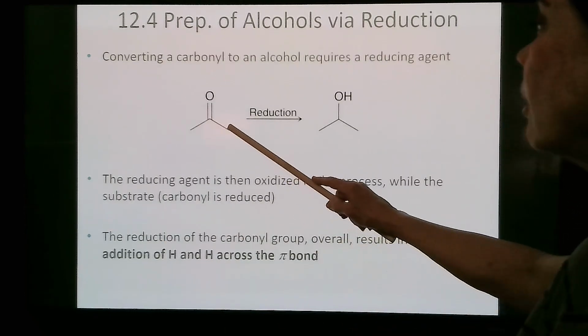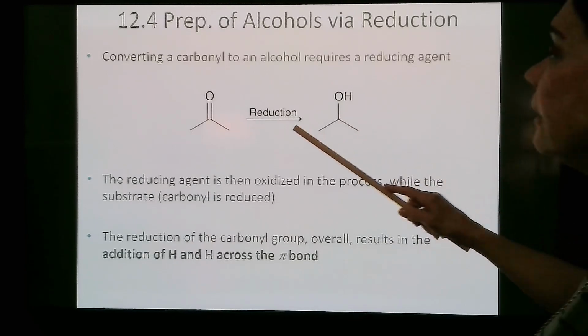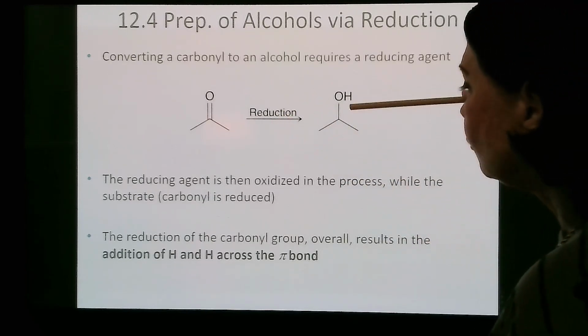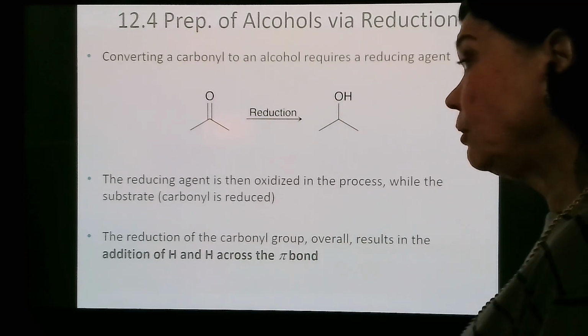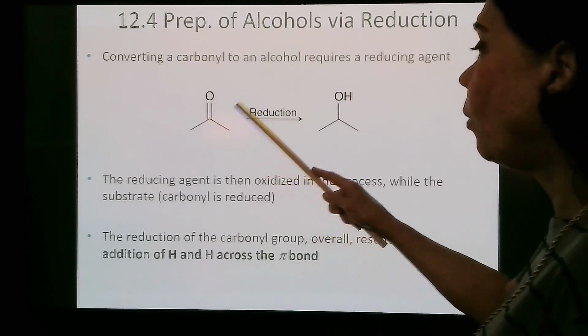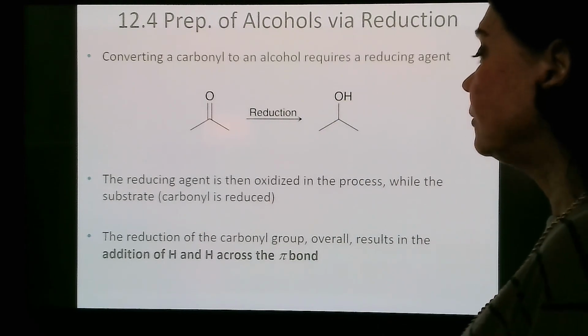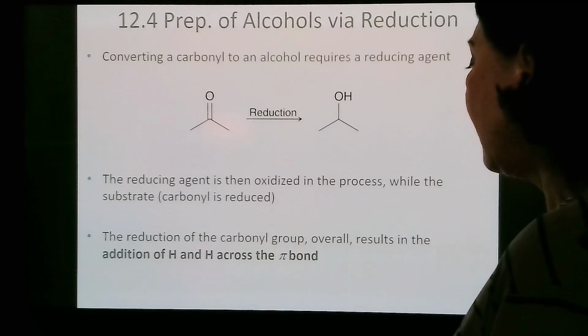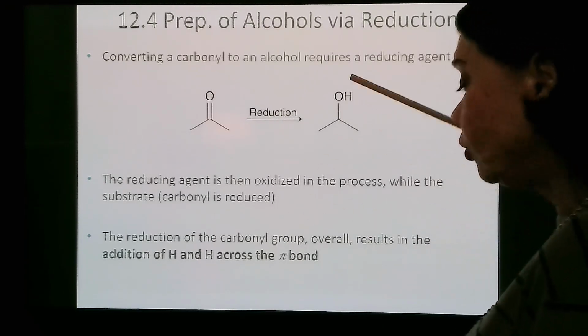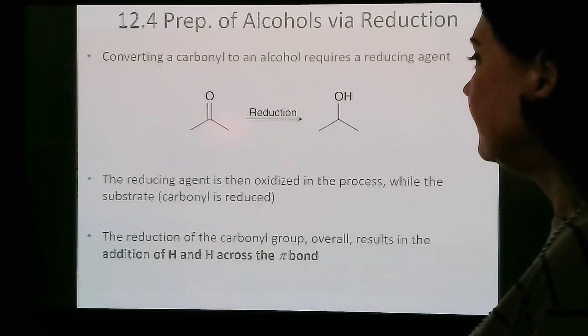Now, converting a carbonyl to an alcohol requires a reducing agent because you're adding hydrogen across the double bond. And the reducing agent is oxidized while the carbonyl is reduced. And so the addition of H2 across the double bond, as I said.